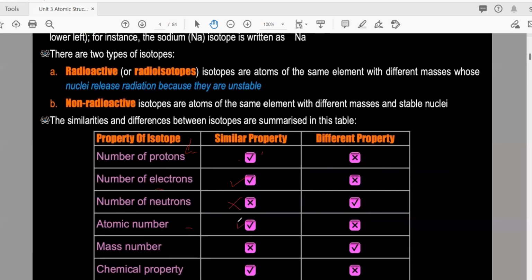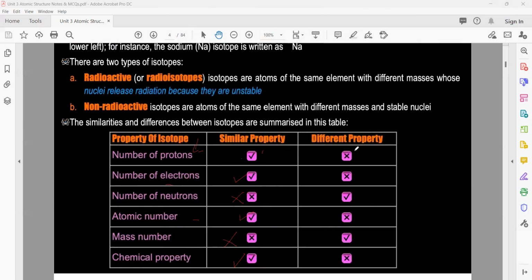Atomic number is the same, mass number is not the same. Chemical properties are the same.